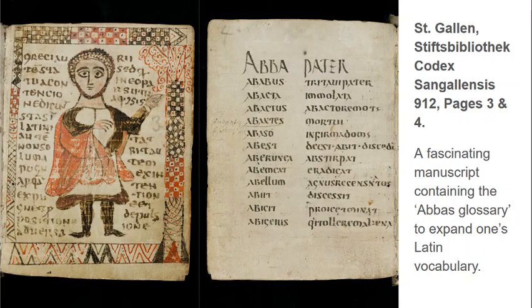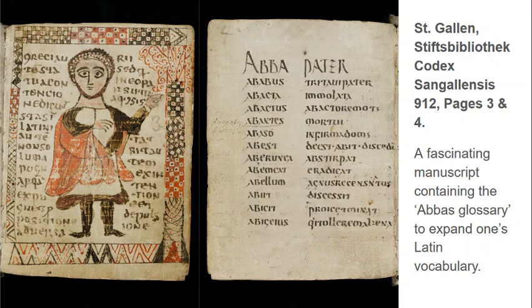Here's a really interesting book. So it's the Abba glossary, and first of all, you've got this charming little drawing of a little guy. He's just vibing, he's chilling. But what this is, it's a vocabulary which teaches you.